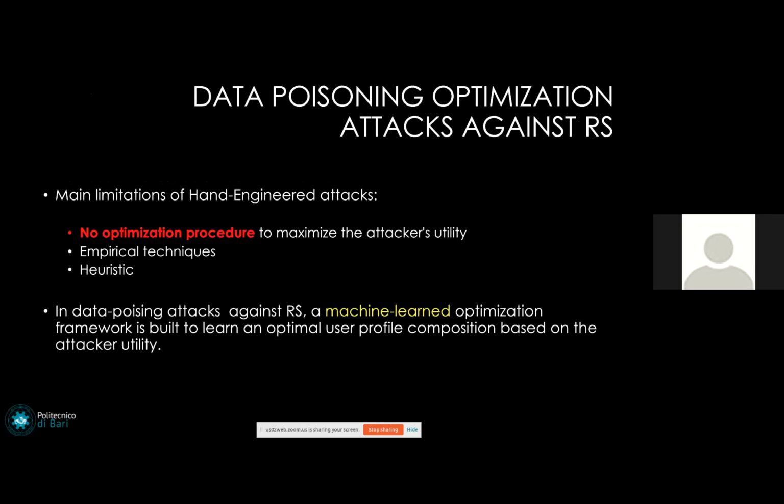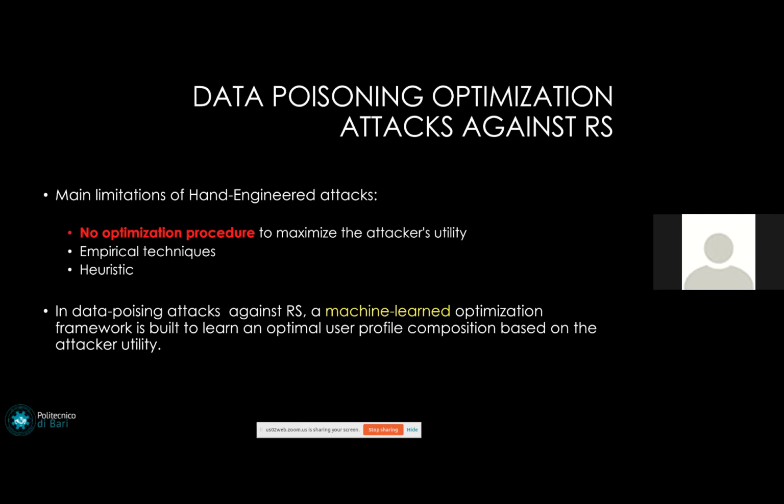The point is that shilling attacks are handcrafted, hand-engineered, heuristically designed by the attacker with certain knowledge that we can assume the attacker has about the underlying data or the model. However, no optimization procedure is there to learn this profile composition of the user.